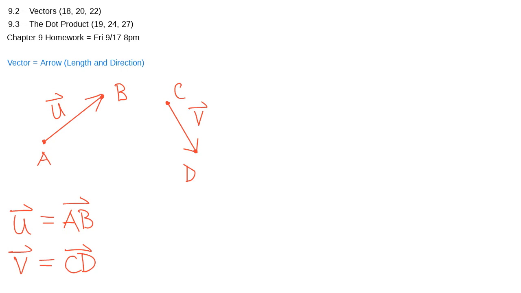A vector and a point in space, there's not much of a difference. This is the point right here, 3, 4.